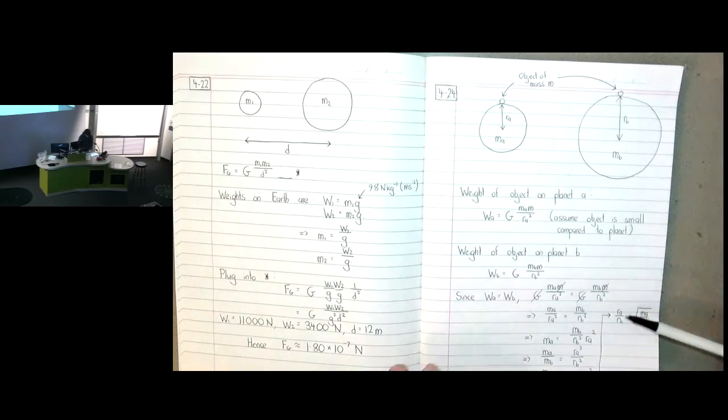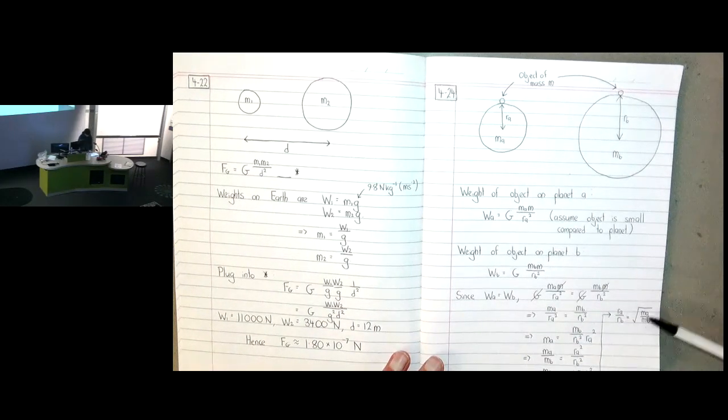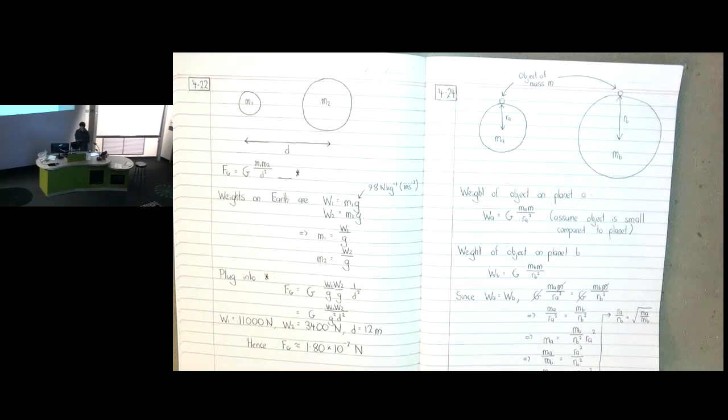So in order to know the ratio of these radiuses, we need to know what the ratio of the masses is. But fortunately, the question tells us that the mass of planet A is only 60% that of planet B. So we know that whatever this mass of planet A is, it's only 60% of this one.